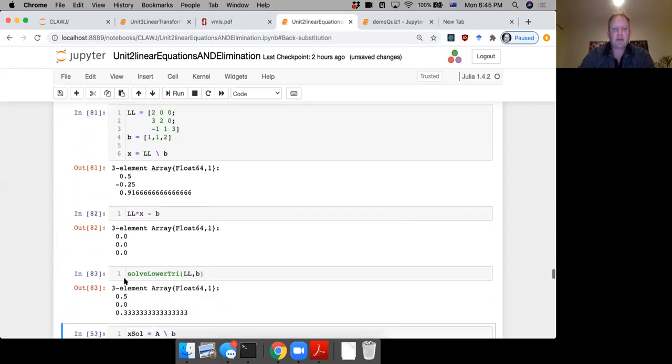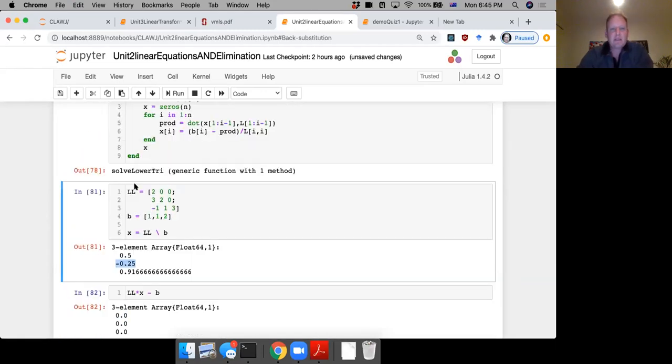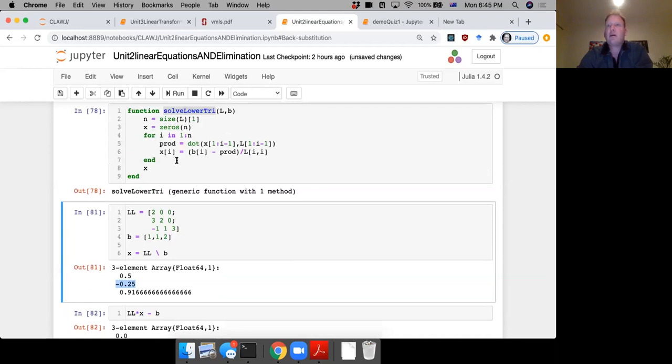This entry here, this 0, should have been a minus 0.25. So what are we doing wrong? Should it be L from I, yes, L, I.